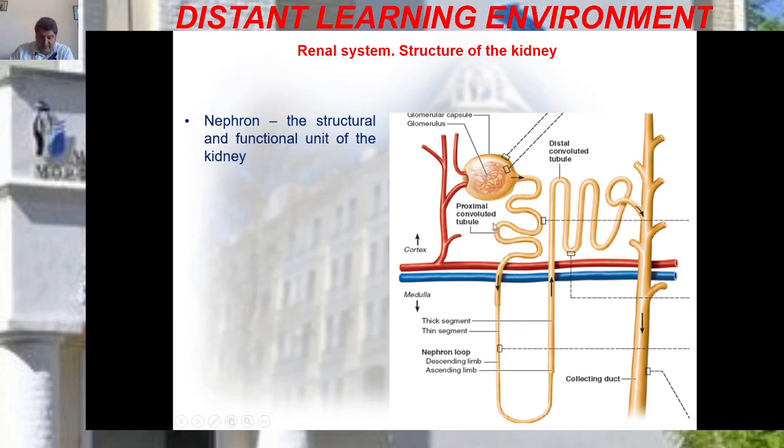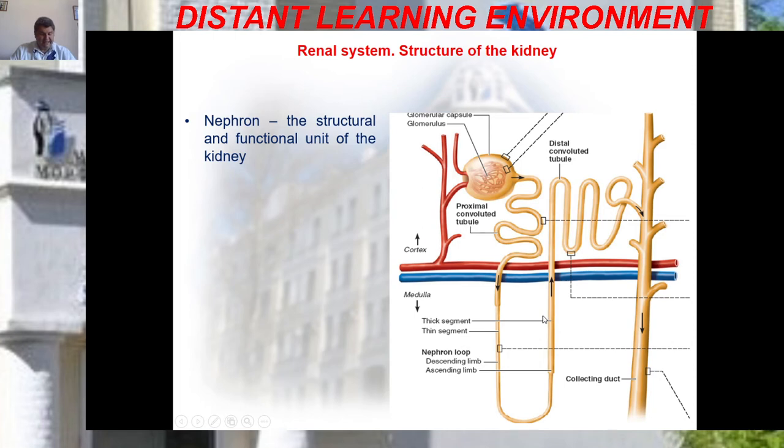The renal corpuscle gives rise to the proximal segment consisting of the proximal convoluted tubule, which is continuous with the proximal straight tubule. The proximal straight segment is continuous with a thin loop, Henle loop, which has two limbs, descending and ascending.